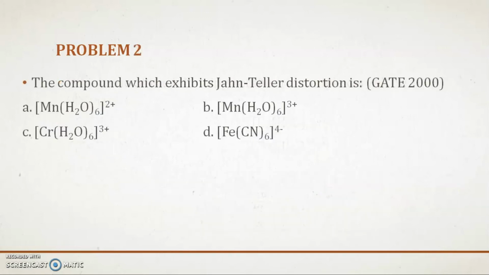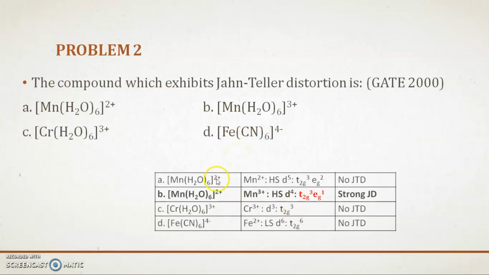Next one, I have given a very similar problem to the previous one, but the only difference here is that this is a low spin complex, whereas all the others are high spin complexes. Now this Mn2+ is d5, t2g3 eg2. This is actually Mn3+, because I have wrongly written here. Mn3+ is d4, so t2g3 eg1.